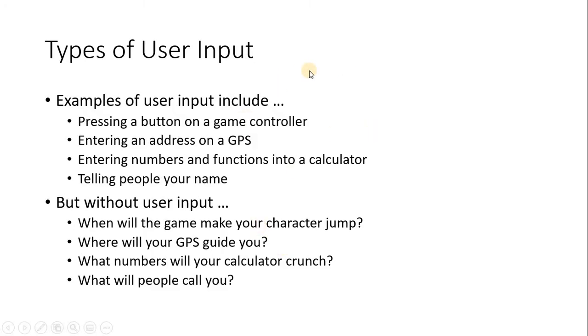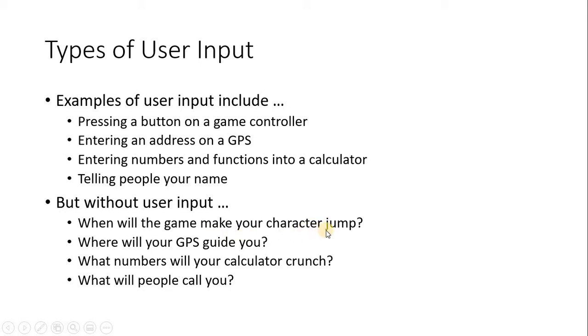Types of user input are shown here, for example: pressing a button, a game controller, entering an address on GPS, entering numbers and functions in calculators, telling people our name. There are many places where we give inputs. Without user input, how will the game make your character jump?